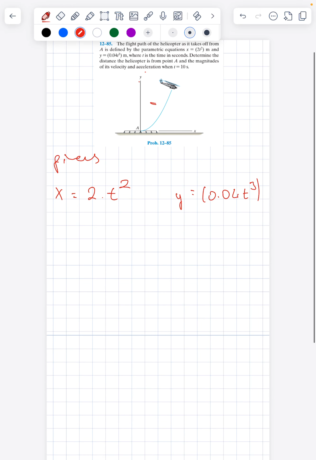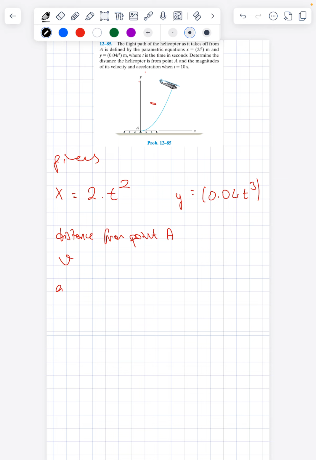So what is asked? I'm going to find the distance from point A, and the magnitudes of velocity and acceleration. So let's start to solve the question.